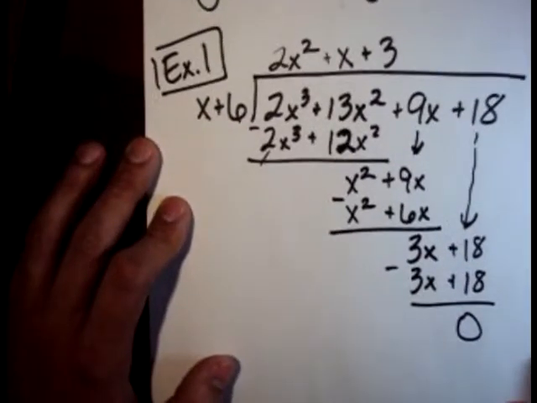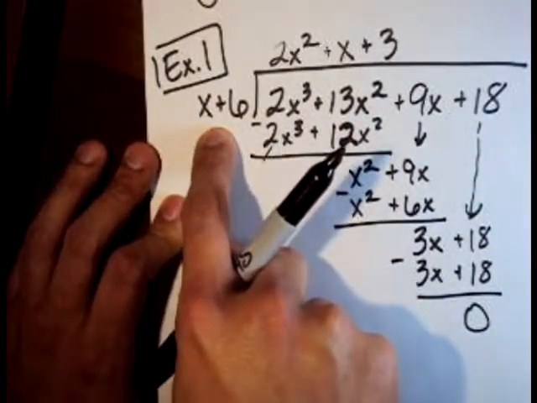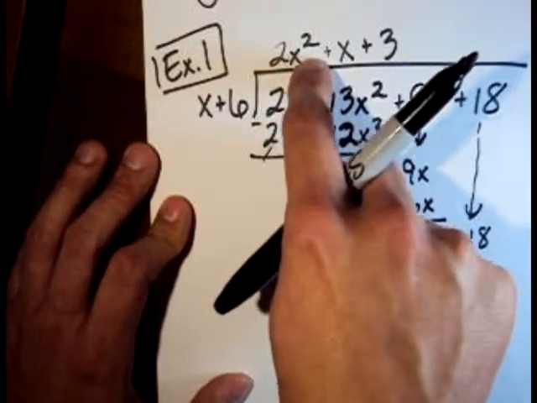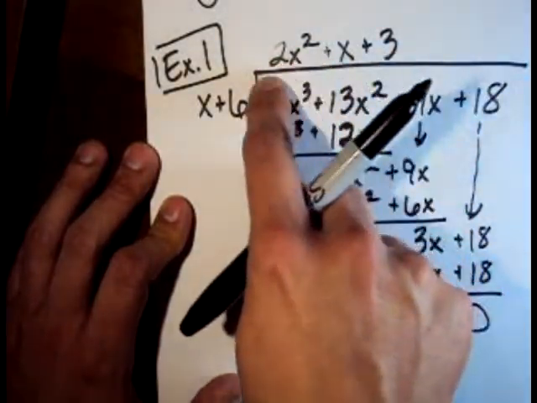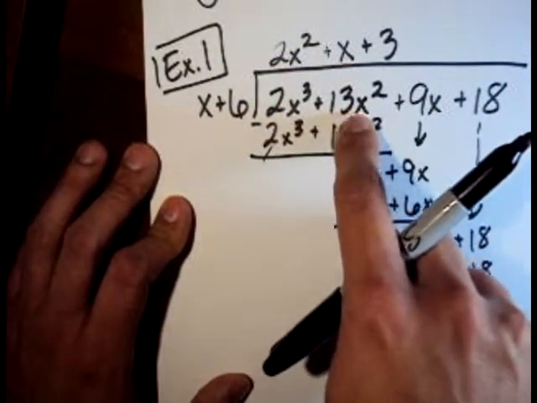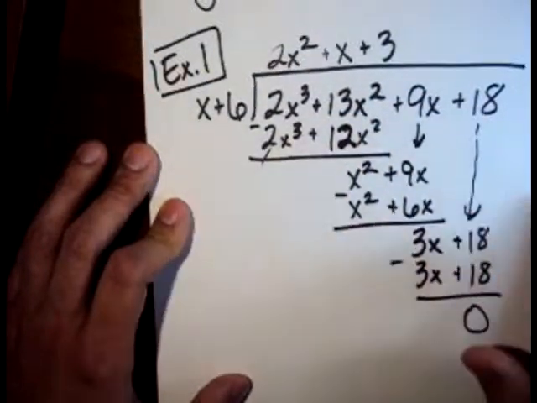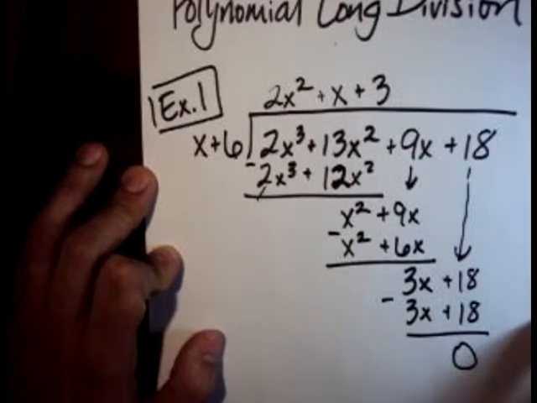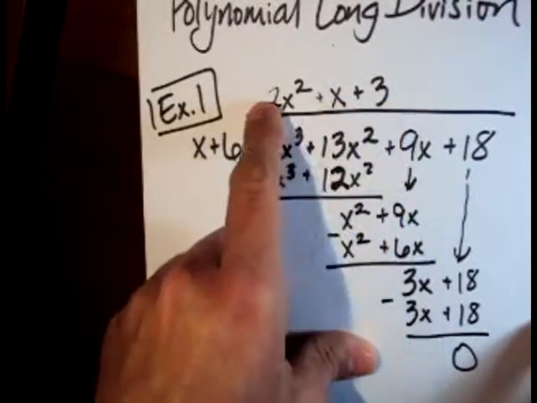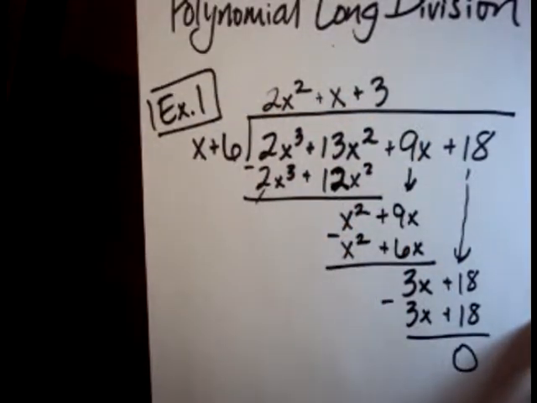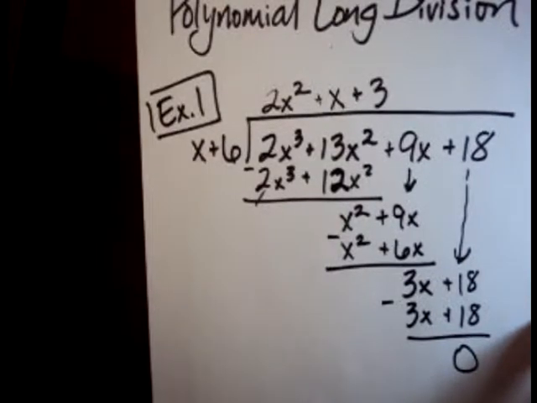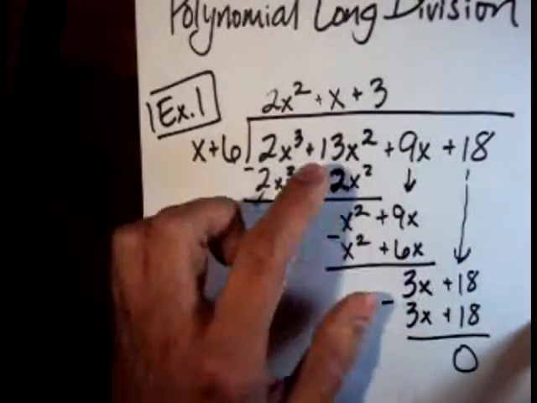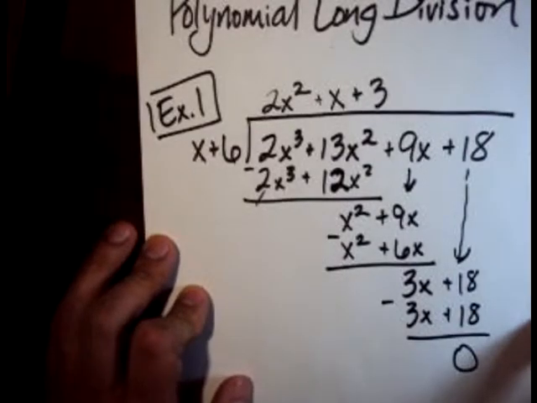So what can we say about this? Well, we can say x plus 6 times 2x squared plus x plus 3 equals 2x cubed plus 13x squared plus 9x plus 18. And this is one of the great things about algebra, and one of the things I always tell my students is there's never an excuse to get a wrong answer, because when we come up with something like this, 2x squared plus x plus 3, we can check our answer.